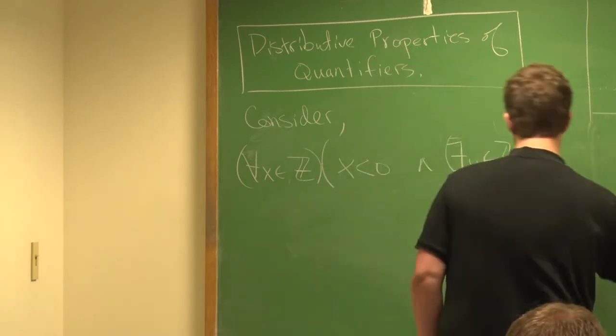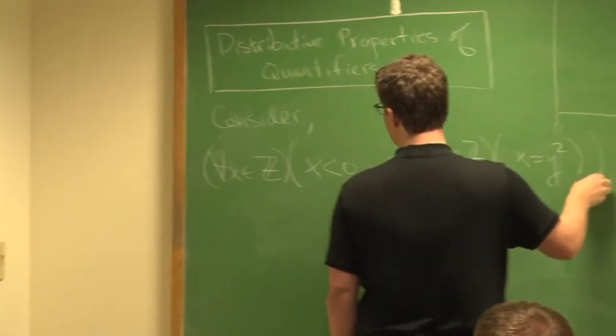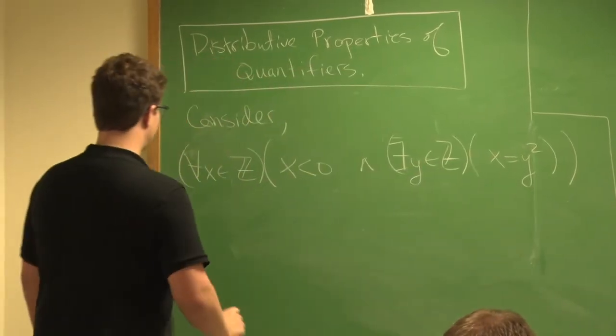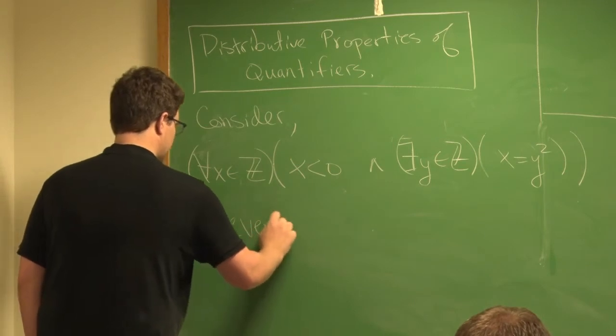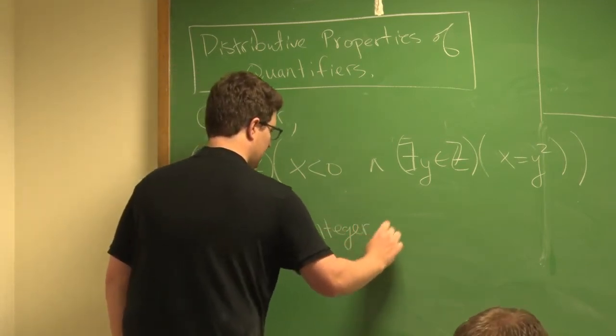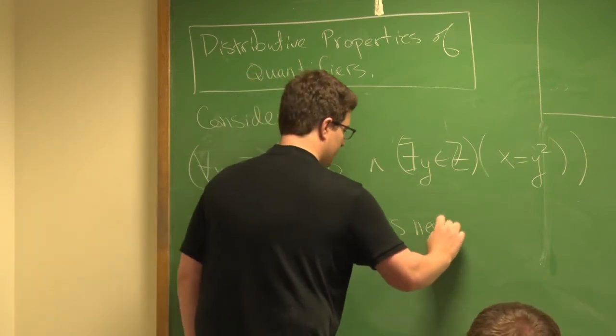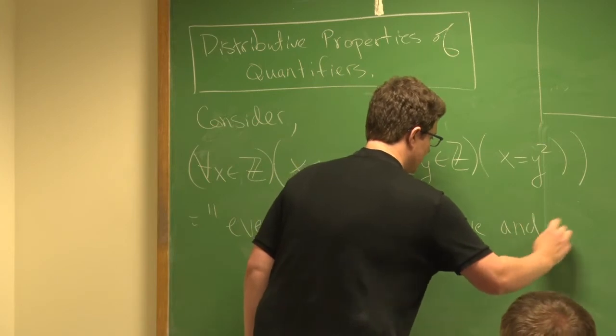Let me just move this over. There exists y such that x is equal to y squared. Okay, so this says in English, every integer is negative and a square.